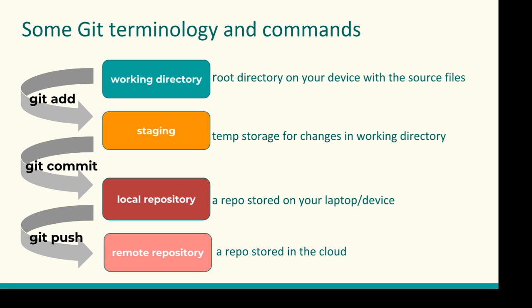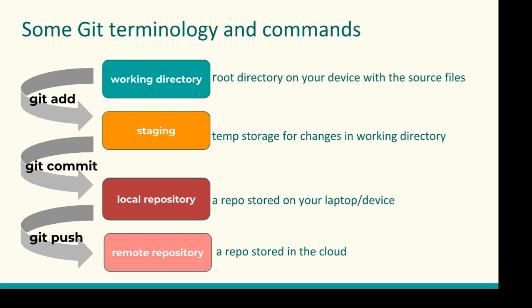The staging place is not a place we can actually see with commands like ls or any of those basic file system commands. We can see what's in staging with some git commands, but staging is this place that's really in temporary storage that we don't have easy access to except through git commands, and it will store changes that have been made in our working directory when we call git add.